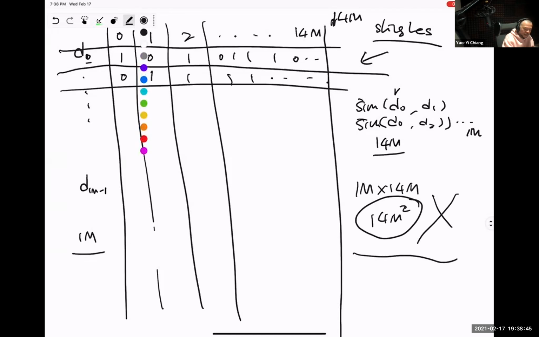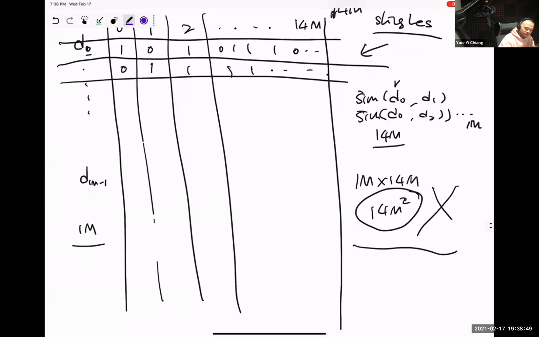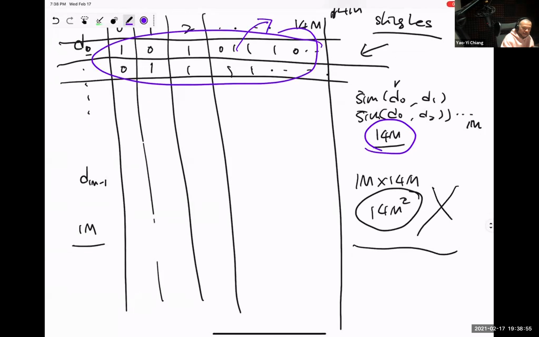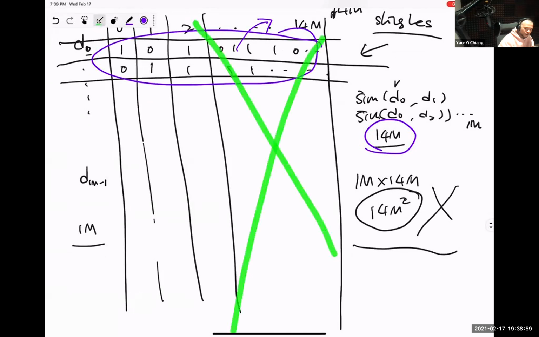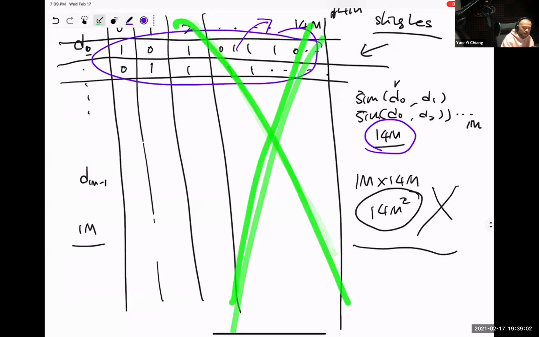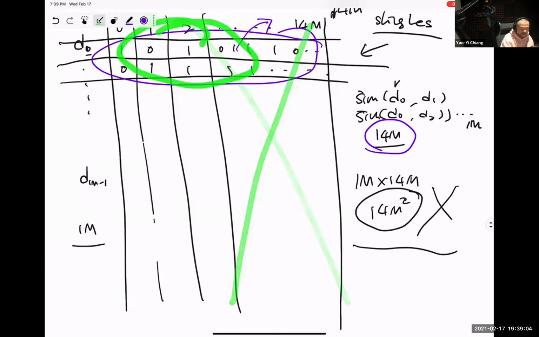So the min hash algorithm is going to do this. It will tell you that instead of doing this 14 million comparison here, let's just generate some smaller sets of signatures so that you don't have to compare them. Okay, you're focusing on some sets.